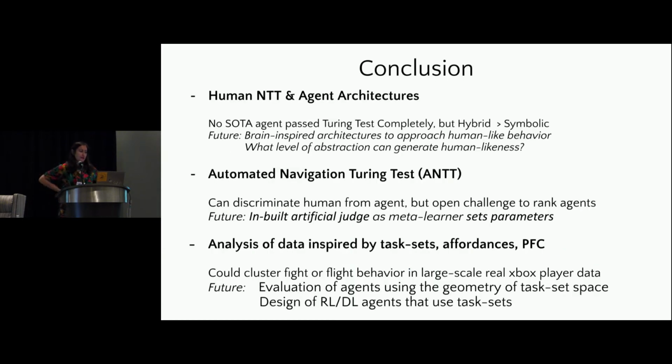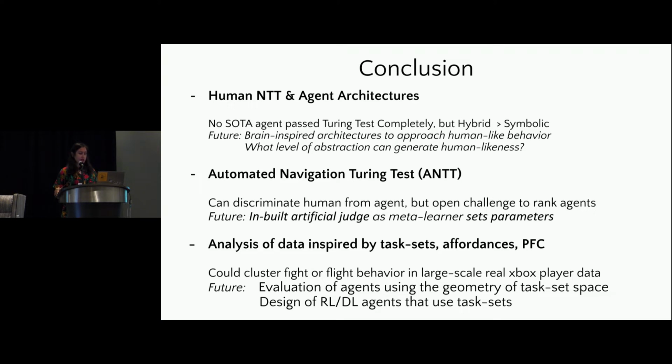So human navigation Turing tests show that no state-of-the-art agent passes Turing tests, and we would like to see whether brain-inspired and abstraction of the approaches using cognitive science concepts can generate more human-likeness. We showed that the plausible models failed to rank agents in terms of human likeness, in spite of the fact that some of them did north of 80% in terms of discriminating humans versus agents.